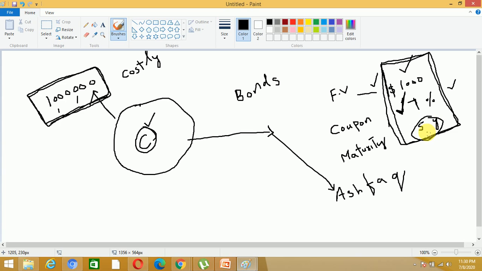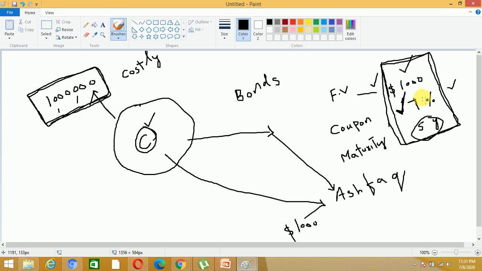Means the company for 5 years will pay 7% interest to me. And after 5 years, this bond will mature. The company will return my $1,000 back, and I will return this bond to the company.